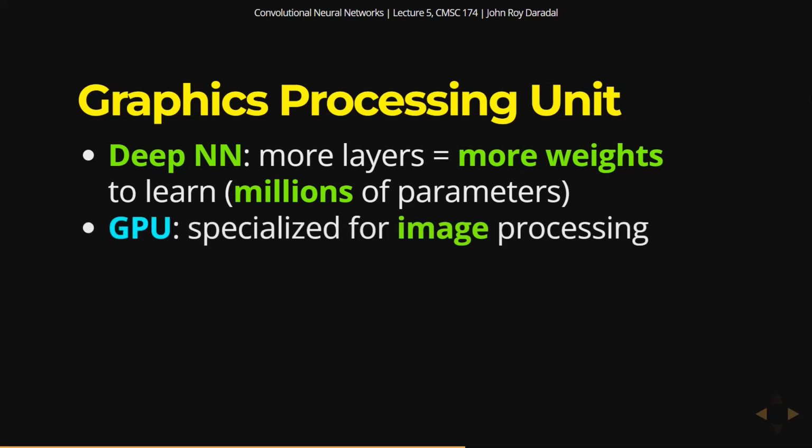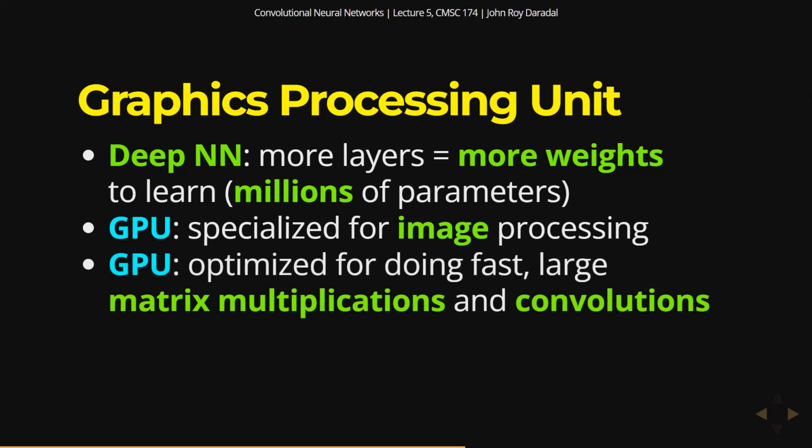And GPUs are specialized for image processing because, well, they are called graphics processing unit to process images, right? Or to process graphics. And so, because of this, they are optimized for doing fast and large matrix multiplications and convolutions. So, fast matrix multiplications, that's what we want because in training deep neural networks, we're doing a bunch of matrix multiplications. And convolutions, it's something similar. We'll do that for the convolutional neural networks.